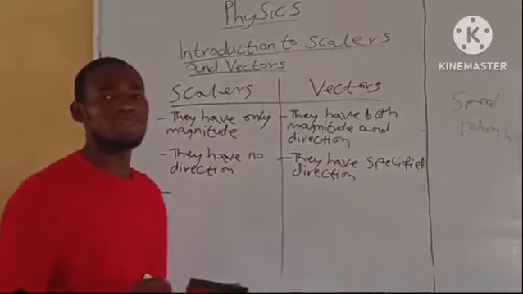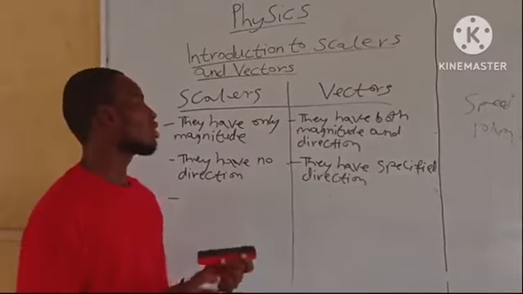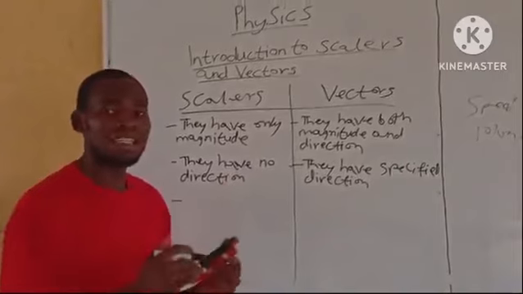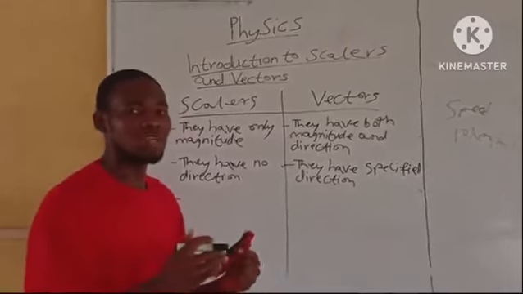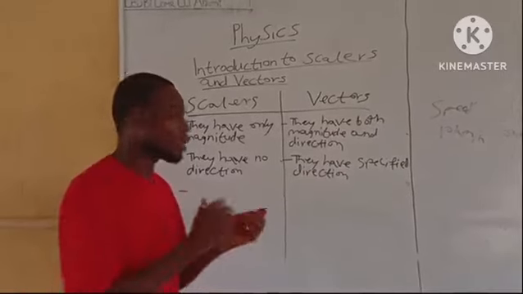Now, another difference between scalars and vectors is that scalar quantities are added arithmetically, while vector quantities are added or subtracted using vector rules. I will explain that.